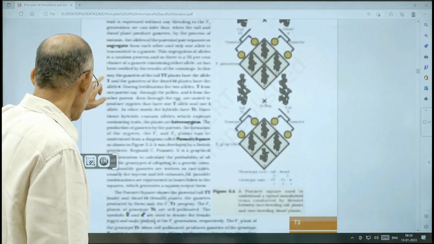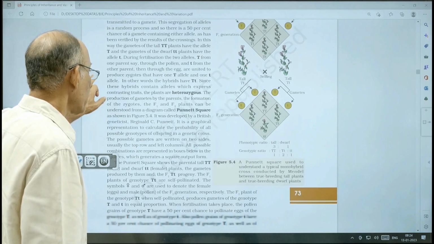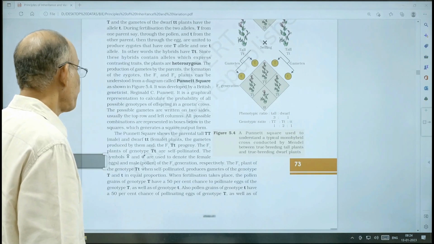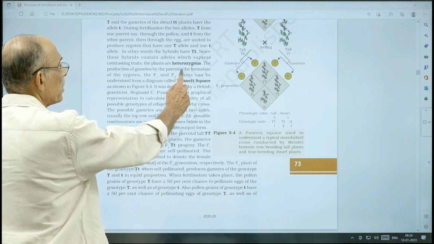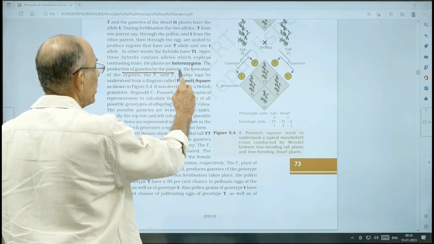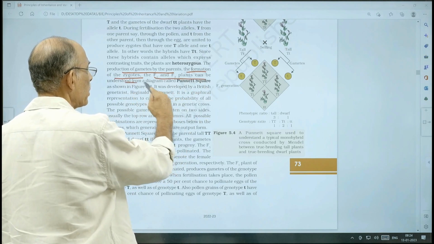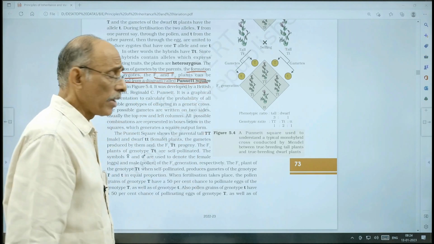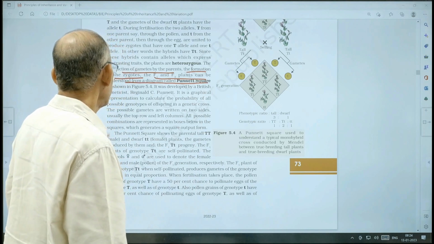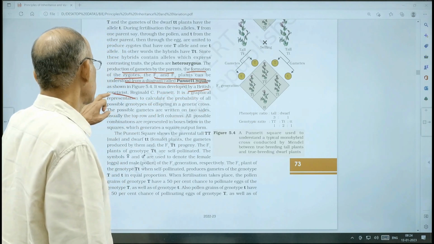Next, this is another method of solving the problem, known as the Punnett square. In a Punnett square, the production of gametes by parents, and the formation of zygote, F1 and F2 plants can be understood from a diagram. This was developed by a British geneticist, Reginald C. Punnett.